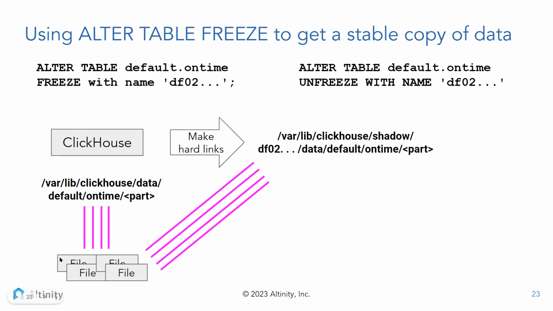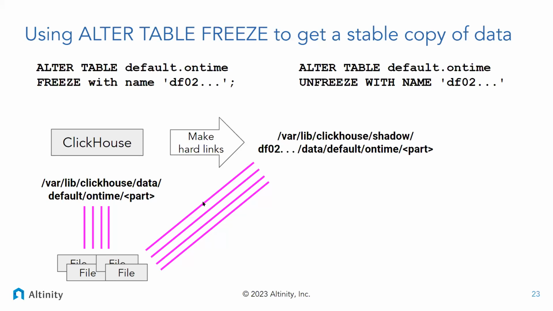It can do merges. It can do all kinds of other things. But even if ClickHouse itself drops a part, it won't disappear because there's a hard link to it. Alter table unfreeze reverses this. It wipes out the hard links, and if ClickHouse already deleted the files, they would then be released and returned to storage.